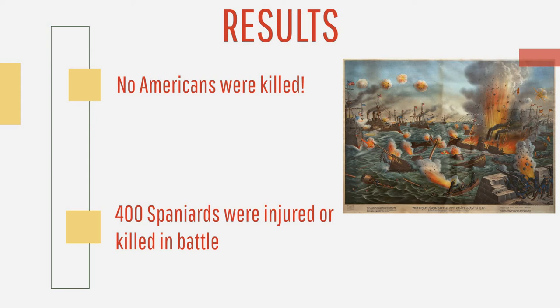The Spaniards, 400 of them were injured or killed in this battle. So this is a devastating blow to the Spanish. The majority of their navy, along with 400 soldiers, were killed in this battle, with no Americans lost. So again, remember, this is a 5-month war, and this is a major part of why it went over so quickly.